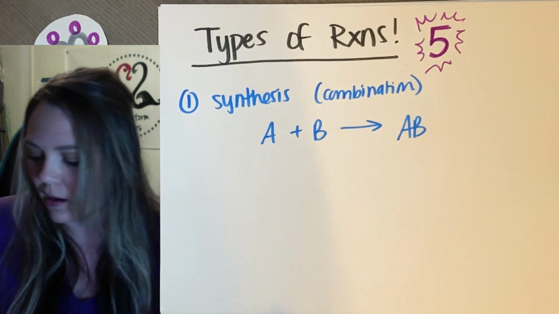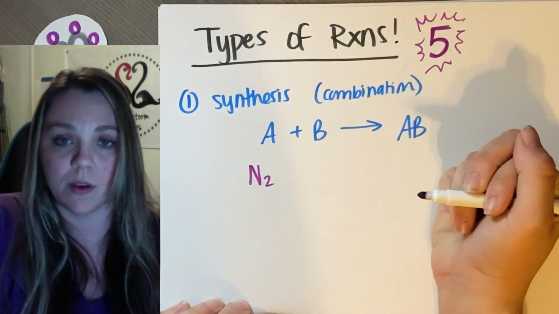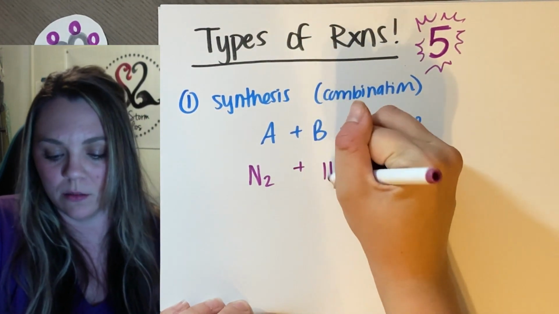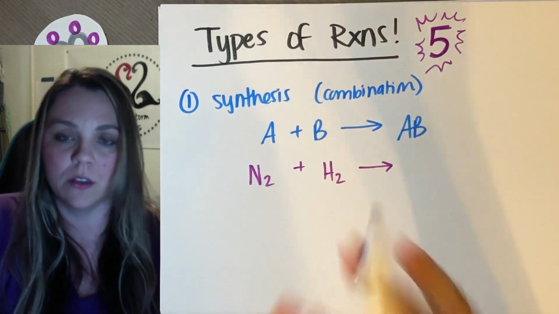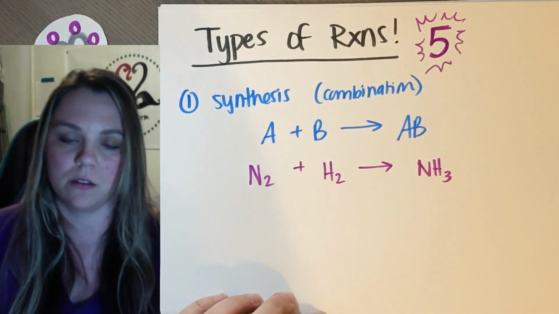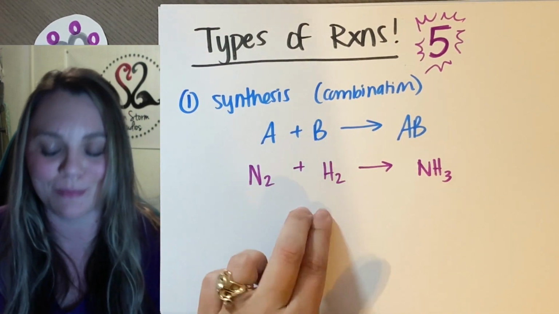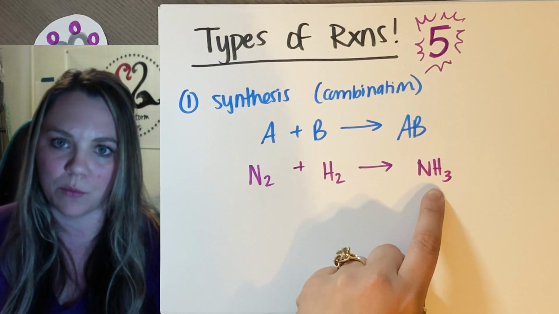So a good example of that, like a real equation, would be you have nitrogen gas plus hydrogen gas, you smash them together, and you make ammonia, okay? This is a synthesis reaction. 2 reactants smashed together to make one product, okay?